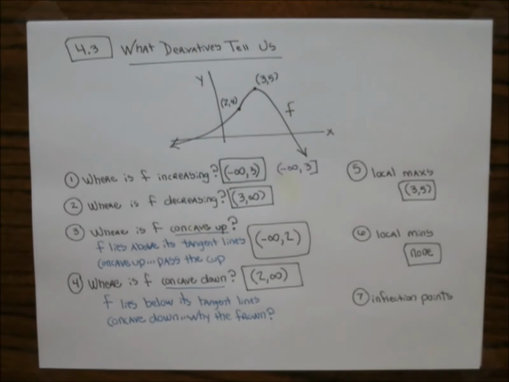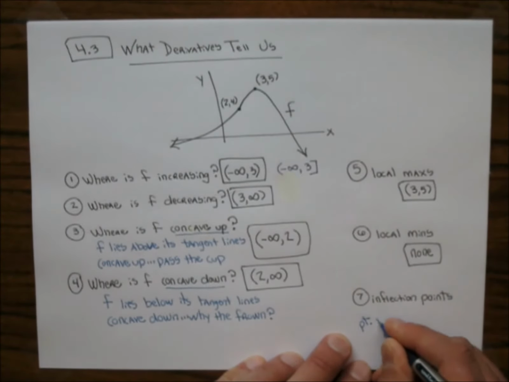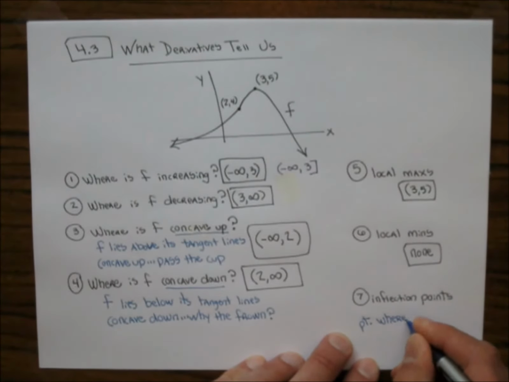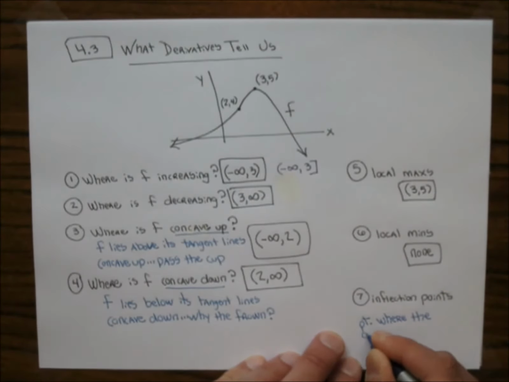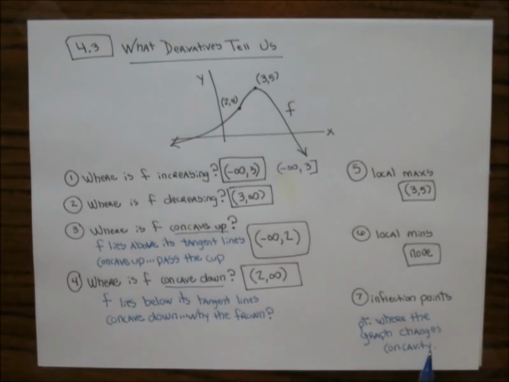Now here's a new word, inflection points. An inflection point is the point where the graph changes concavity. What do we mean by changes concavity?